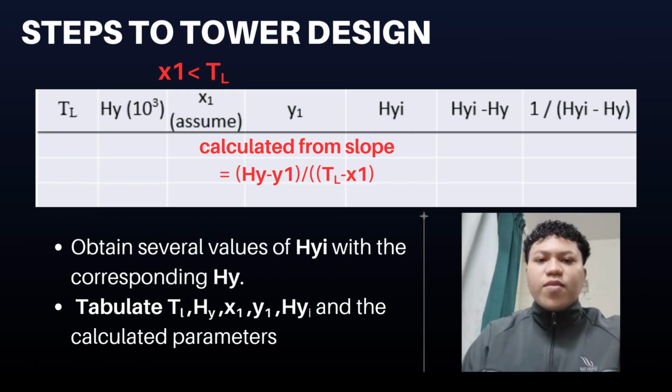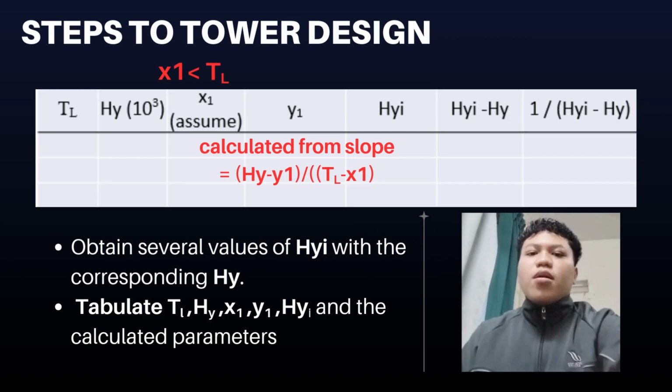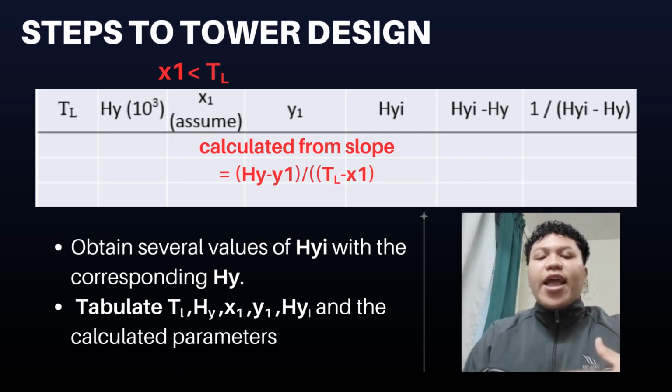To use the XY guesstimate, we need to table out the values of TL and Hy, which are obtained from the operating line, and then we set an amount of X1, which is each X value of temperature but less. A value will be determined from the slope value with the equation beside it. The points from the operating line and X1, Y1 will be connected, and when that line intersects the equilibrium line, that will be your Hyi value.